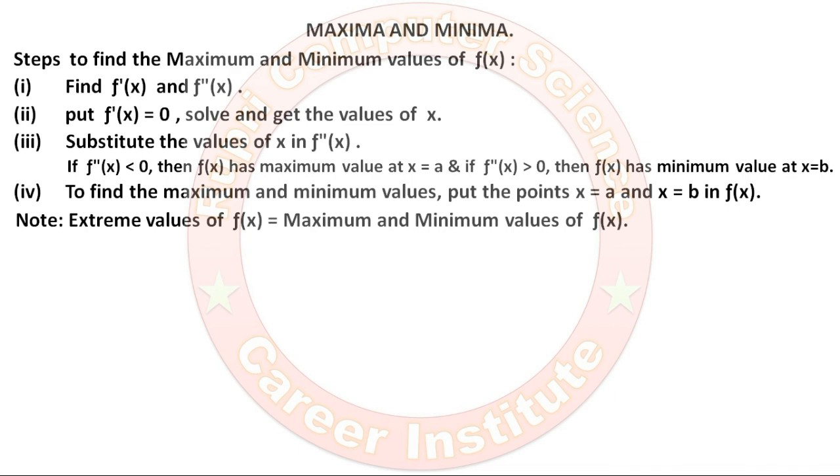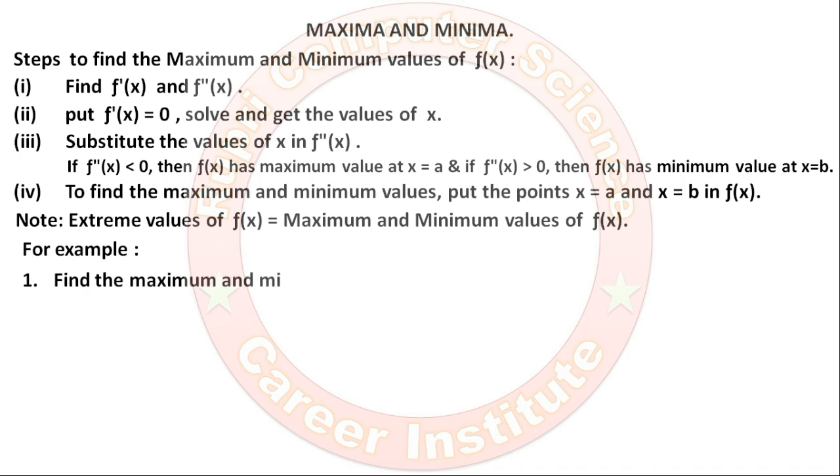For example, number 1. Find the maximum and minimum values of f(x) is equal to x plus 9 divided by x, x is not equal to 0.